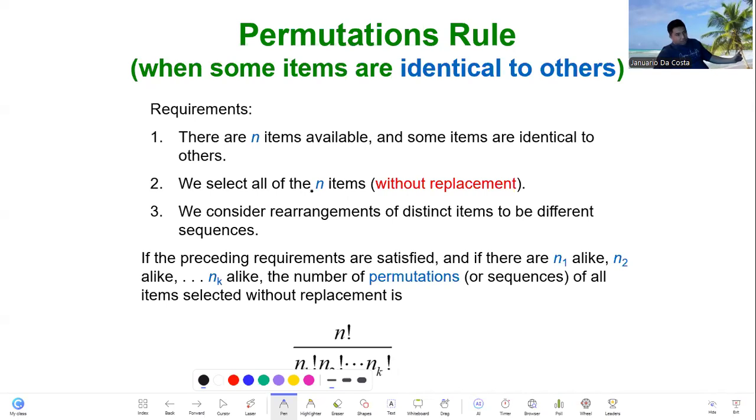We consider arrangements of distinct items to be different sequences. If there are n1 alike, n2 alike, until nk alike, the number of permutations of all items selected without replacement is this. So yes, to answer your question, yes.